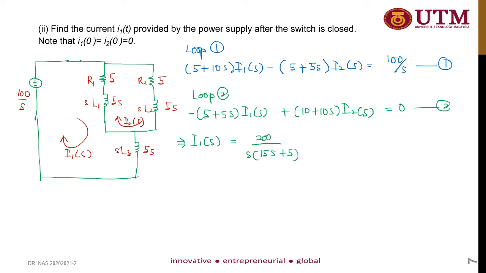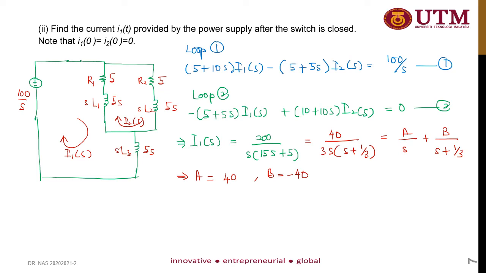So as usual, you need to perform partial fraction expansion to get A and B. So this is equivalent to 40 divided by 3s(s plus 1/3), which is equal to A over s plus B over s plus 1/3. So from here you should get A equal to 40 and B equal to minus 40.